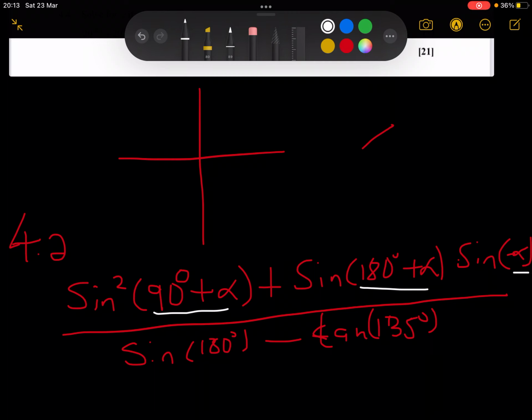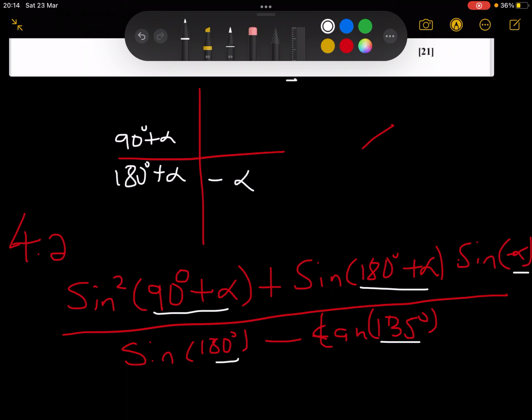We also have angles 135 and 180. 90 plus an angle is here in the second quadrant, 180 plus an angle is in the third quadrant, and negative angles are in the fourth quadrant.